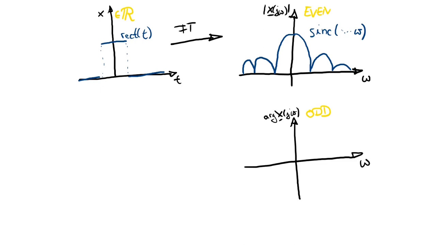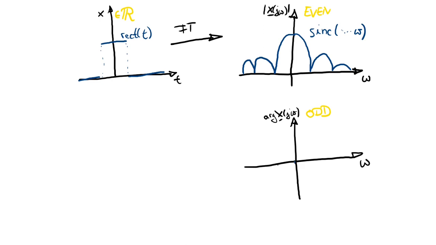And as you can see, the amplitude spectrum is even, it's symmetric, and we also expect that the phase spectrum will be symmetric, but odd, so it will be symmetric to the origin.